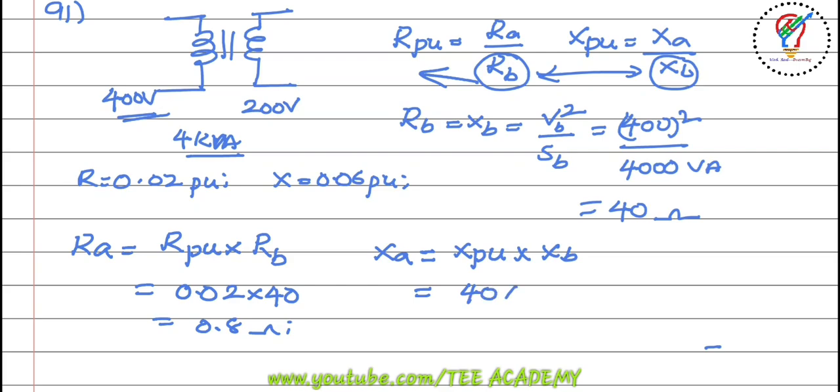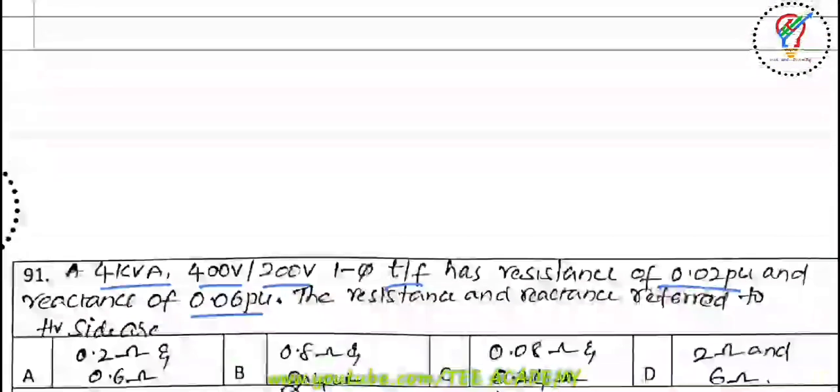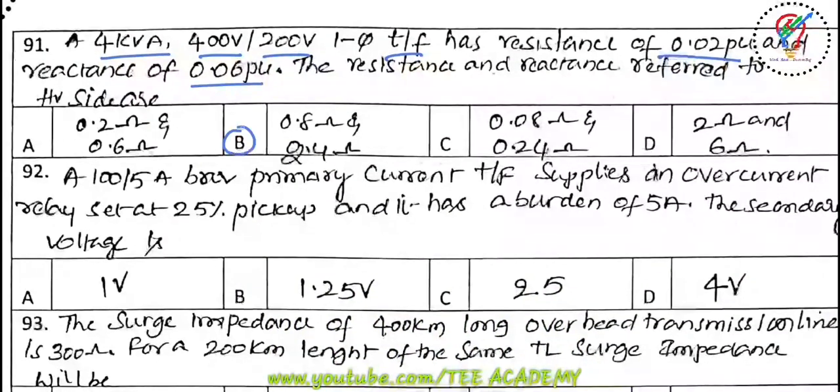So 40 into X per unit, which is 0.06, gives 2.4 ohms. So among the given options, the correct option will be B here.